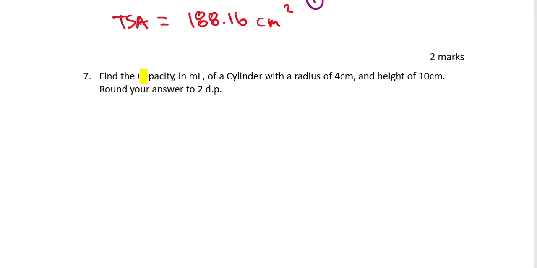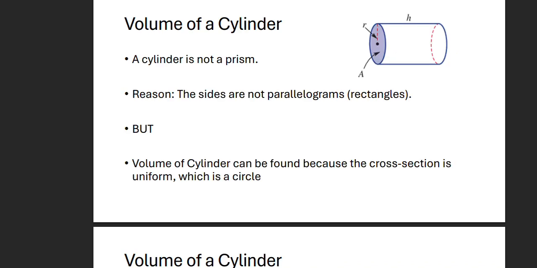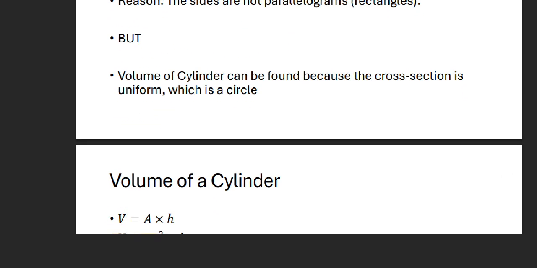Find the capacity in milliliters of a cylinder with radius 4.4 centimeters and height of 10 centimeters, rounded to 2 decimal places. So, if you don't remember, I just taught you in the last video about the volume of a cylinder.